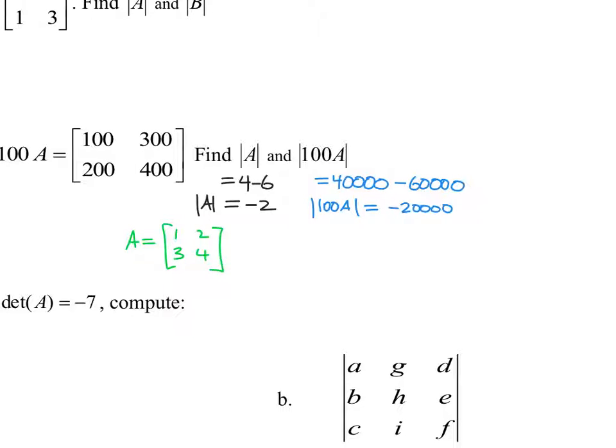And so what we did was we multiplied the first row by 100. So just based off of that operation, the determinant of A must be multiplied by 100.